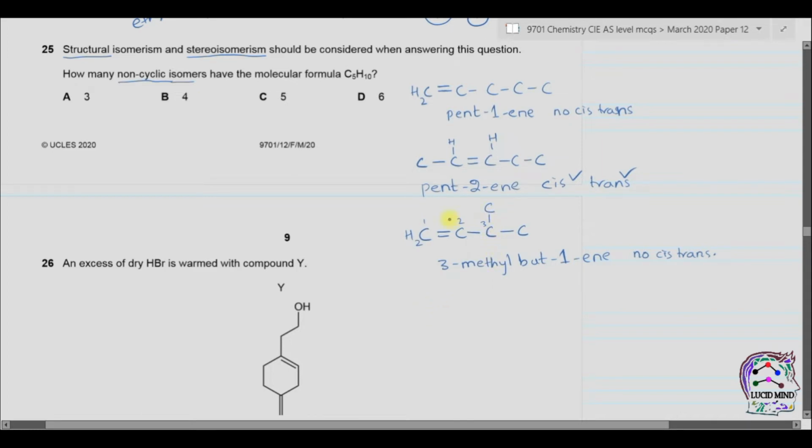Let's move this substituent to another place. So we have CH2 double bond C. Now the name of the compound is 2-methylbut-1-ene, and again no cis-trans is possible. We can move the double bond to the next carbon atom.